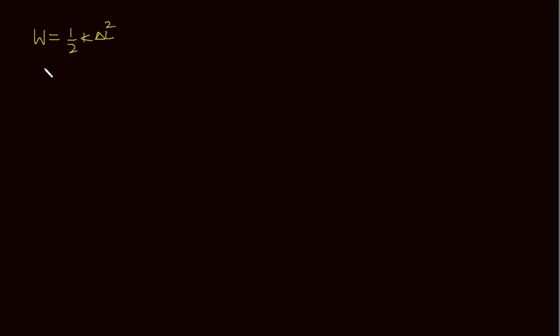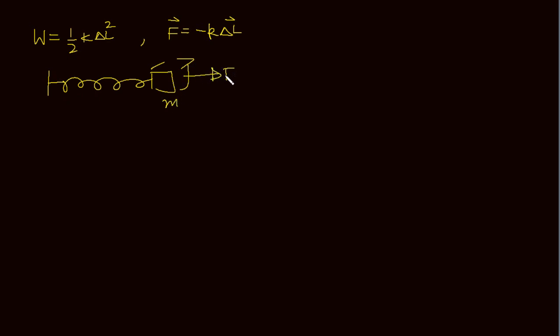Now we know from Hooke's law that F is minus k delta L. So when we have a spring like this attached to mass and there's a force in this direction, so as we saw before, F minus k delta L tells you that it is by the spring.